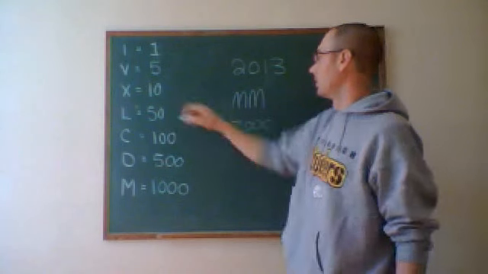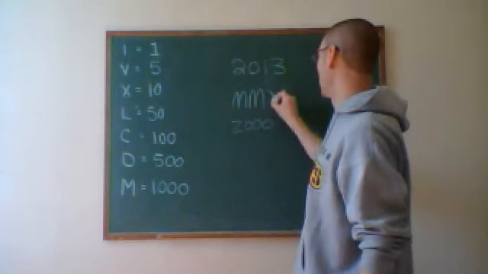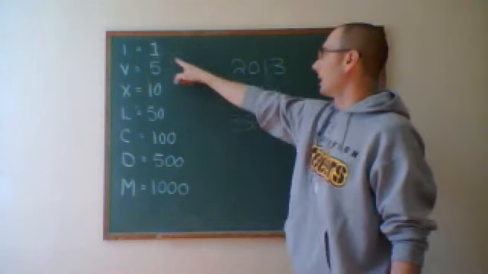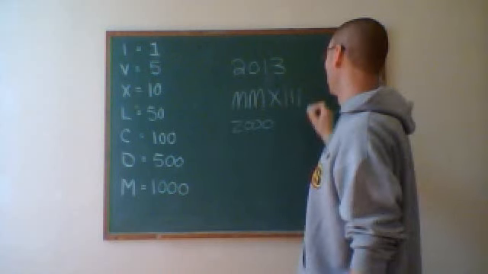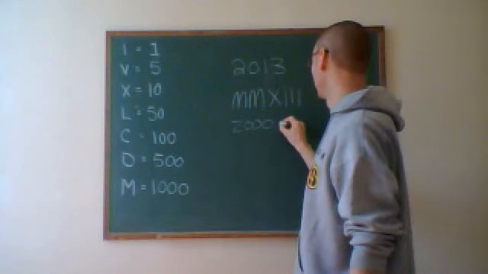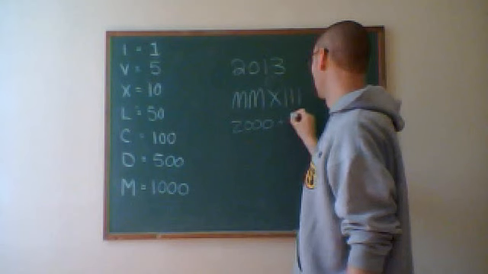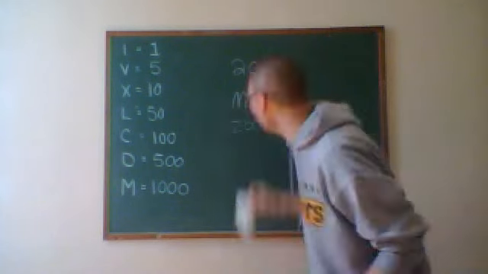Then 13, an X, followed by 3 ones, which gives us a 13. 2013.